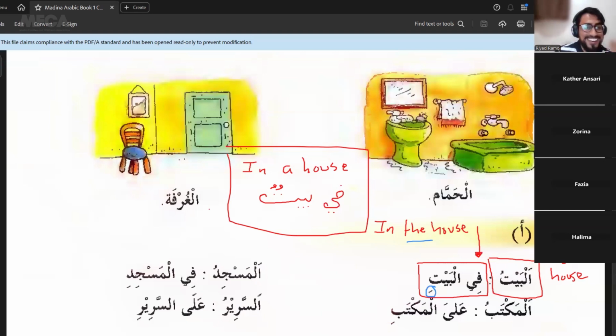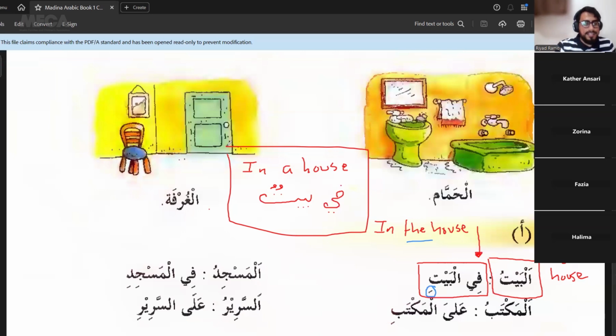As everyone got it wrong. Everyone got it wrong but Zarina, right? Zarina, it was you that was saying it, right? Yeah, a house is beitun, but if you put the preposition, fee beitin. Who was the one that said fee beiti?